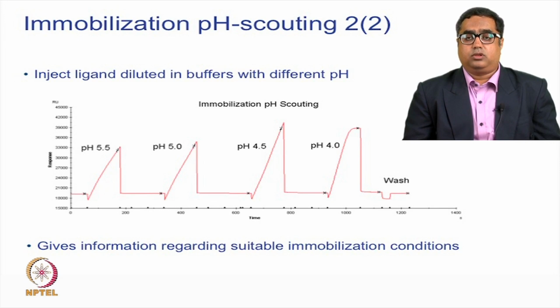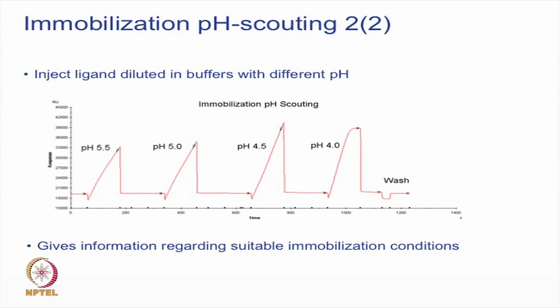Wherever the pH is good enough for immobilization, we go ahead and immobilize in that range. In most cases, proteins are immobilized in 10 millimolar sodium acetate buffer, pH 4.5, but this is a general assumption.